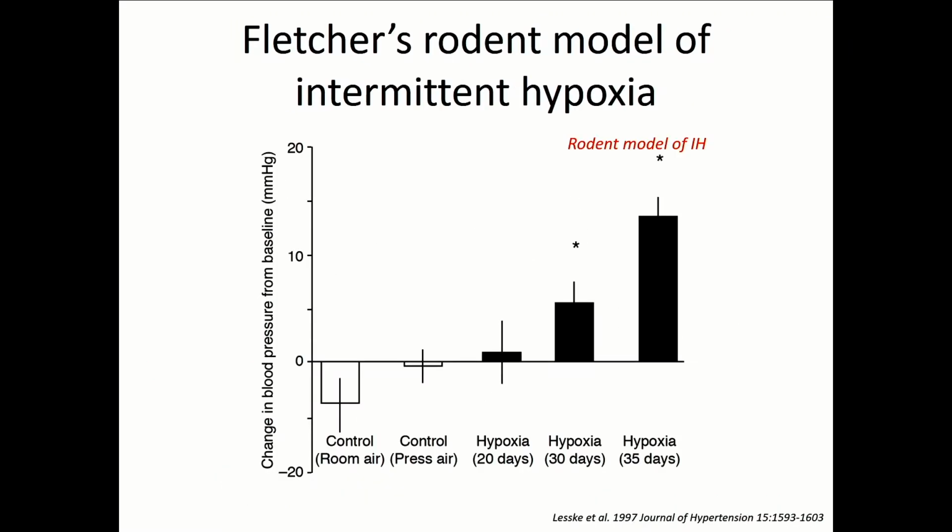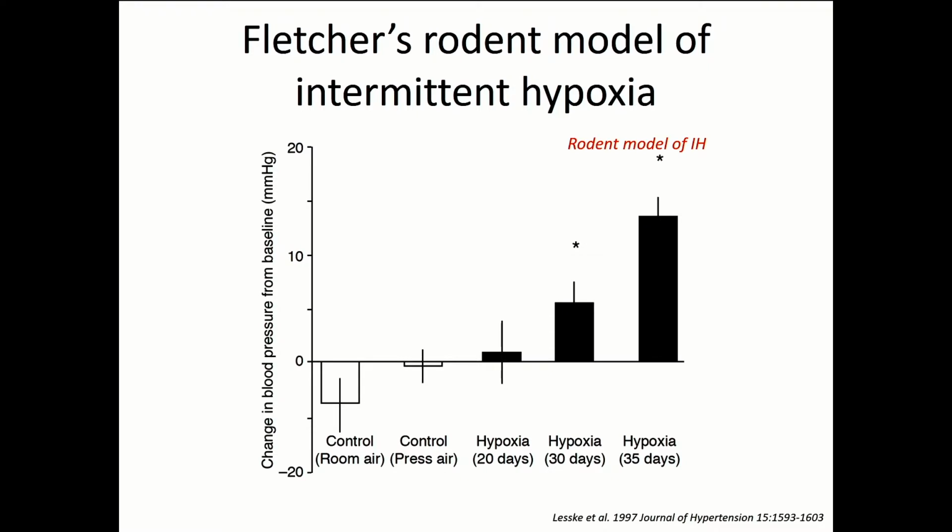However, the effects of intermittent hypoxia on daytime blood pressure in OSA are less well established. There's good evidence from animal models that intermittent hypoxia has an effect on daytime or diurnal blood pressure, and this is work from Fletcher's group. In this model, rodents were exposed to intermittent hypoxia over 35 days, and their diurnal blood pressure was measured.